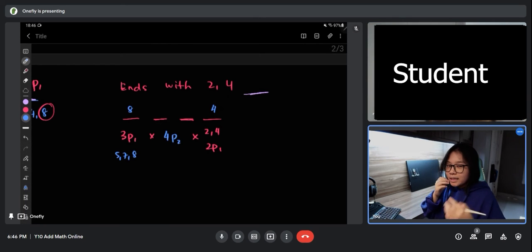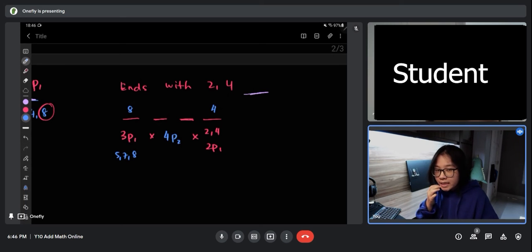That's it. Here is when I'm considering that the number does not end with 8. Confirm it doesn't end with 8 because I limit myself to 2 and 4 only. Whether this one is 8 or not, I don't care because it doesn't matter.